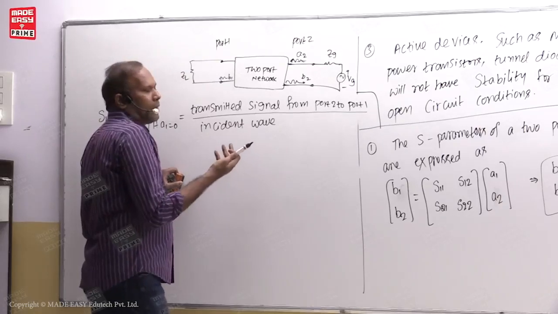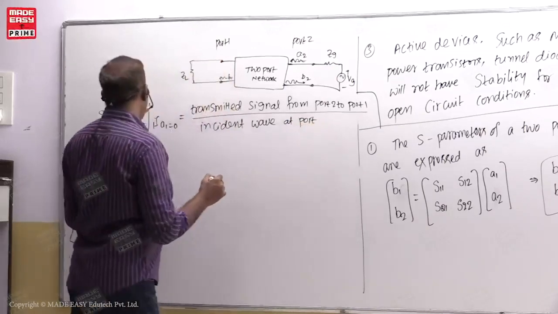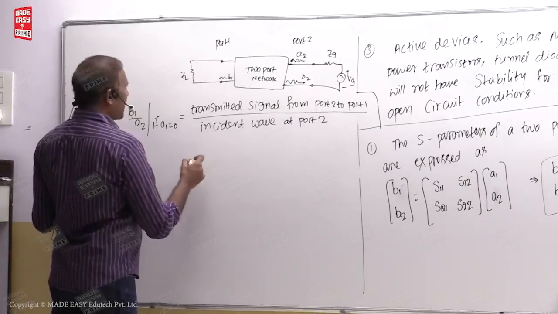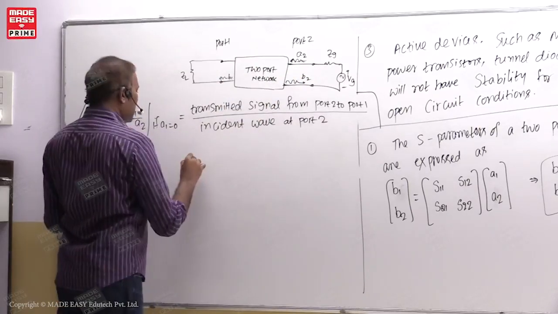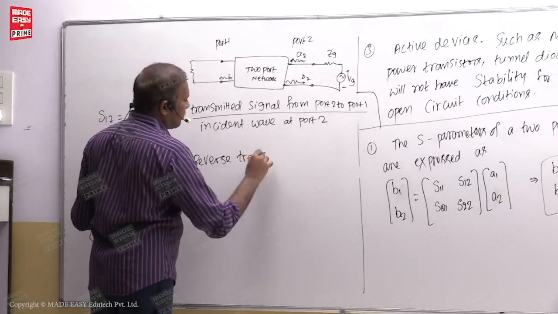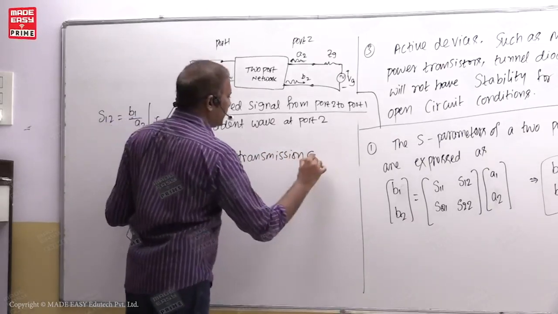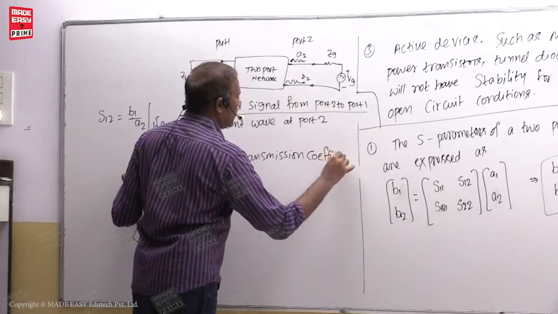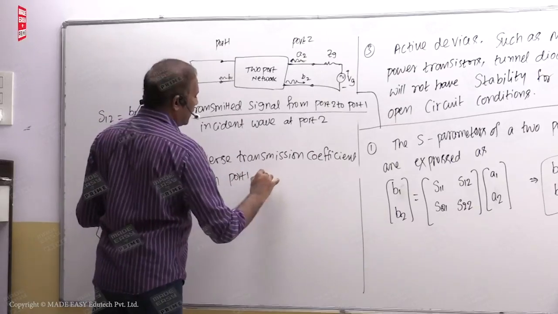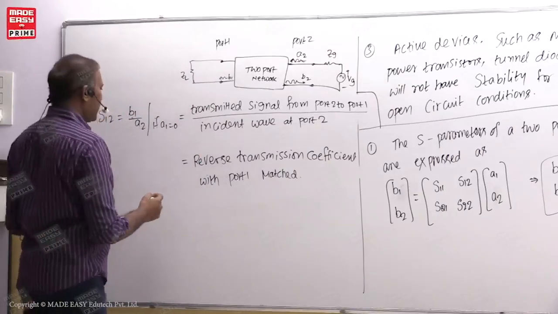High frequency waveform, that is incident wave at port 2. So this is called reverse transmission coefficient. That means port 2 to port 1. So it is called reverse transmission coefficient with port 1 matched. Port 1 matched means there is no A1 signal here.